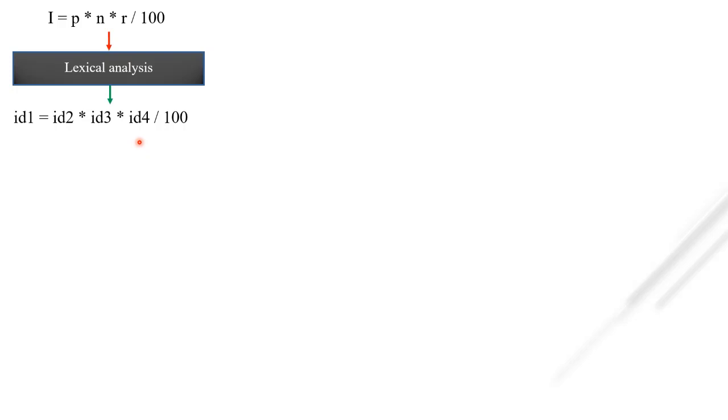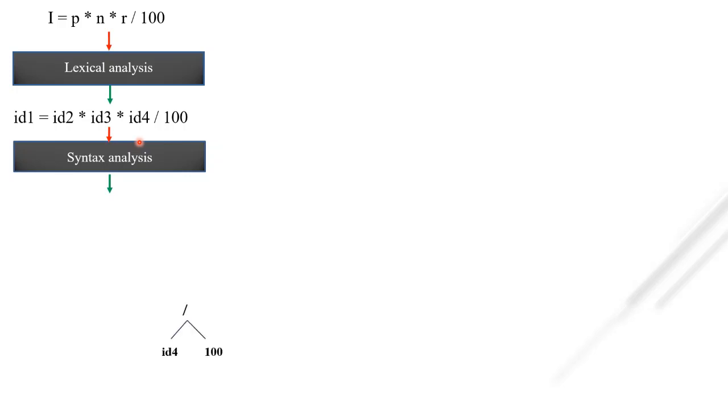Now the output of lexical analysis is taken by syntax analysis as an input and generates a parse tree or syntax tree. Here we have to generate the parse tree according to the precedence of the operators. First, ID4 is divided by 100.